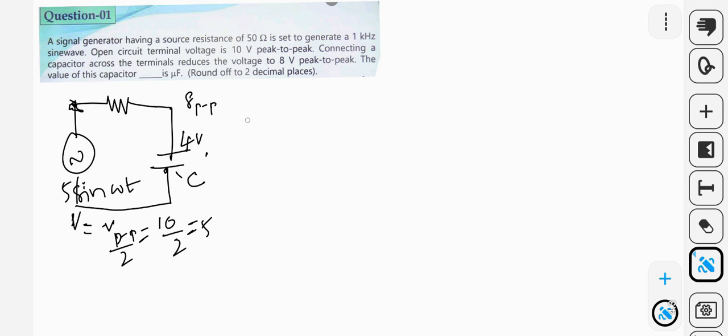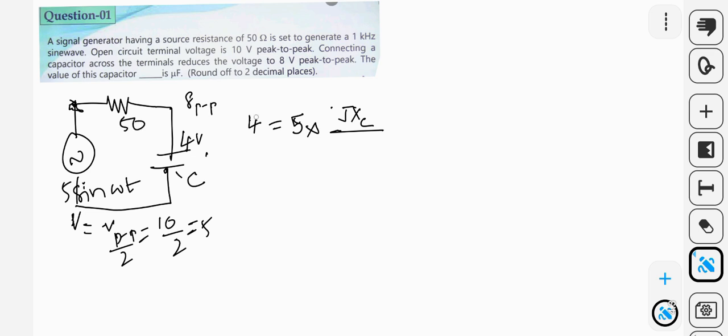Okay, so let's use the voltage division rule and write the equations for the capacitance. So voltage is equal to the supply voltage, which is 5, considering the peak voltage, times the reactance across the capacitance, jXc, divided by the total resistance.